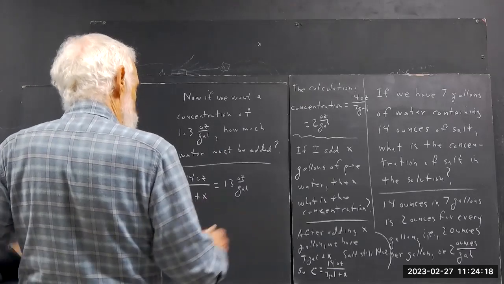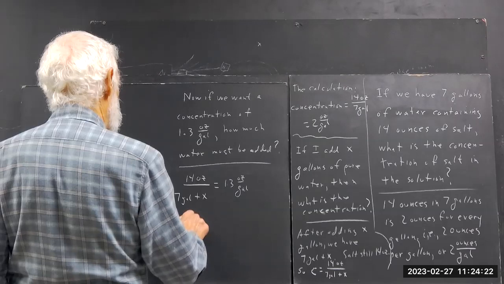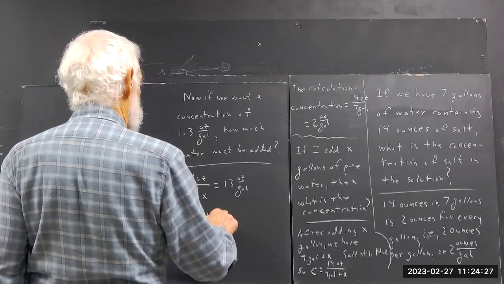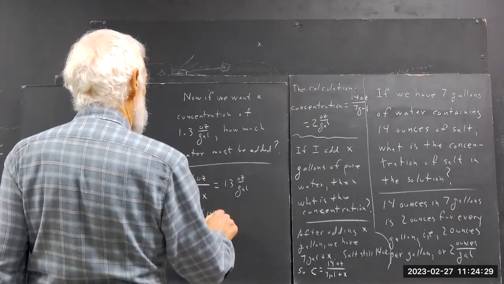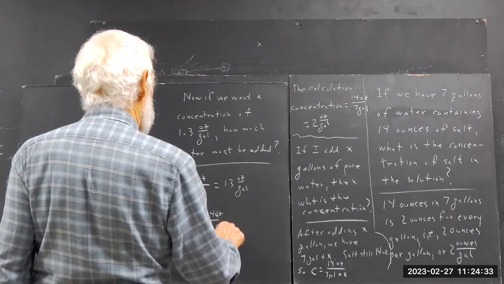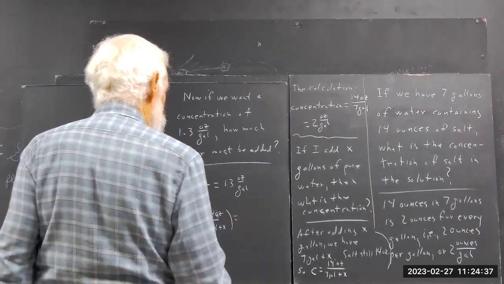So, well, what do we do here? We do what we always do if we have a denominator. Multiply by 7 gallons plus X, so 7 gallons plus X is 14 ounces over 7 gallons plus X. And put a 1 down here just to make sure we understand that.